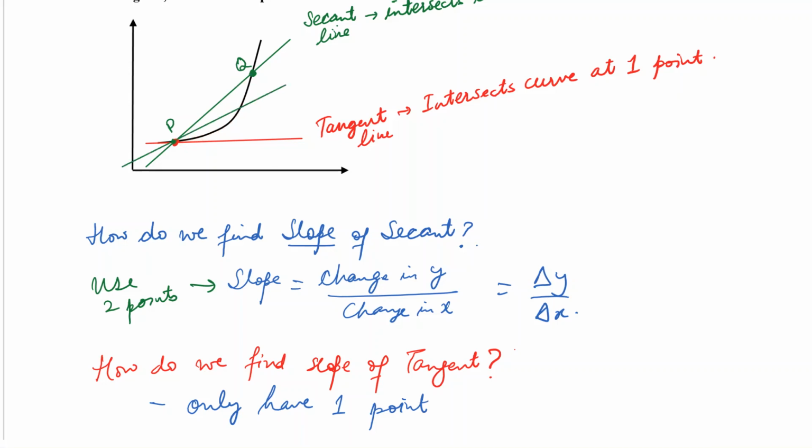So let's say this is another secant line, and Q is moved a little bit closer to P, and this is Q dash. So that's our secant line 2. Similarly, we can move Q even closer to P, and we can have something like this.